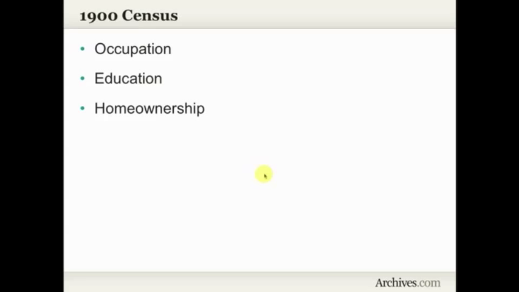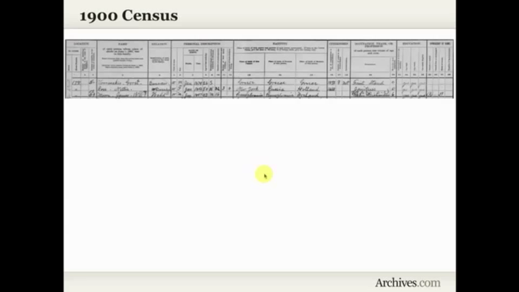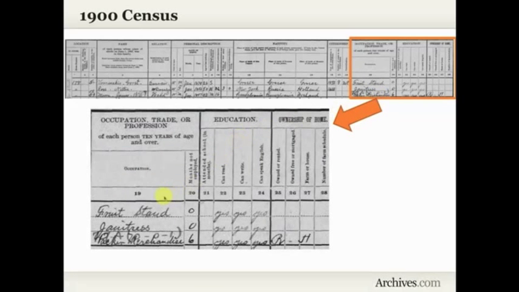And then the last section that we see of the 1900 census is going to cover occupation, education, and home ownership. And that's this very last section here on the right. Let's zoom in a little bit so we can see where they list the person's occupation.